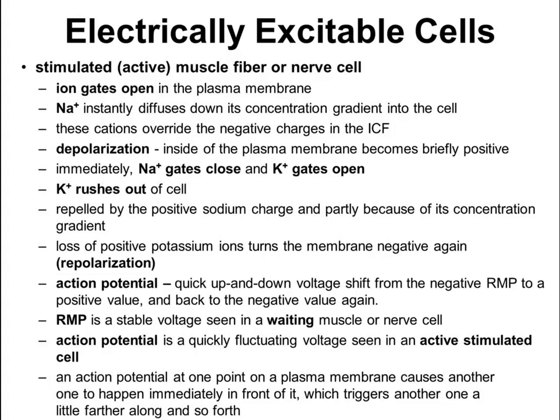It has not been stimulated yet. Whereas the action potential is a quickly fluctuating voltage seen in an active stimulated cell. An action potential at one point on a plasma membrane causes another one to happen immediately in front of it, which triggers another one a little further along, and so on. It's a chain reaction.